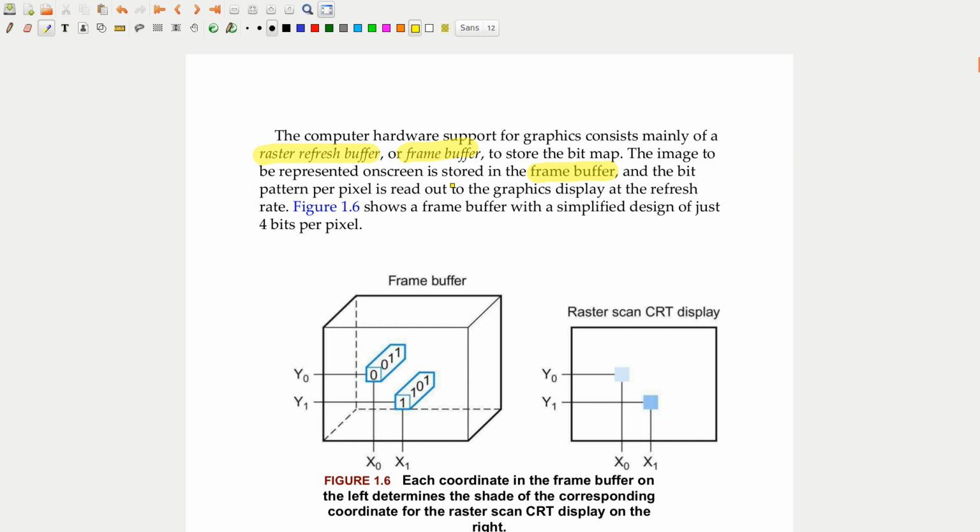Uh-oh. I got a message. Let's see. Let's see if I can respond to this really quickly. Okay.